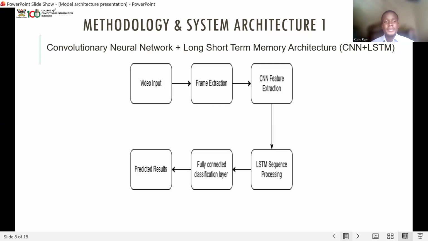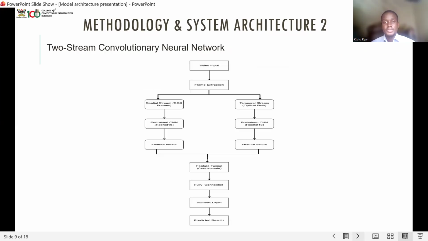And then for our next architecture, we are going to go to the two-stream CNN. Yes, right there. That is the two-stream CNN.